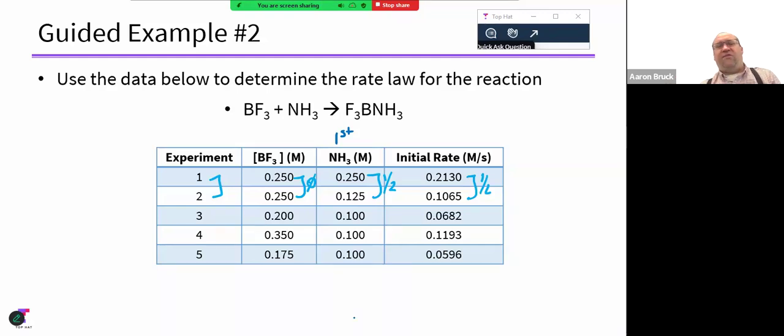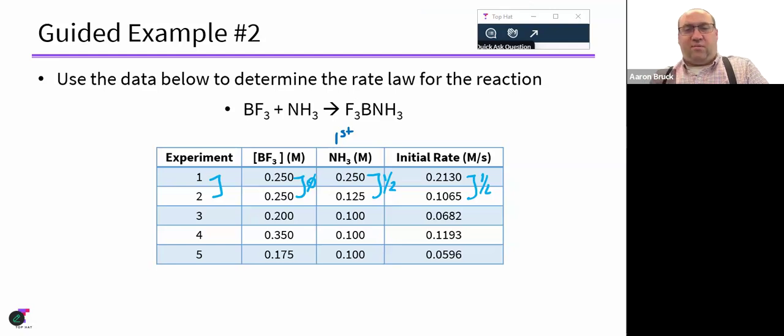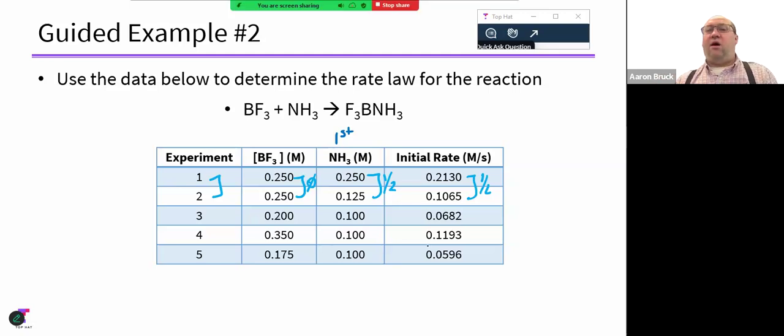Okay, now we need to find a scenario where ammonia is being held constant so that we can look at the impact of the boron trifluoride. Now we've got lots of options here to choose from, but let's do the same thing. Let's find a place where ammonia is held constant, and then let's be choosy, because there are 3 places where it's held constant. Where is the number the easiest to work with?